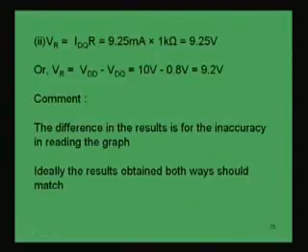Now, you can see there is a difference, but ideally if we measure the graph correctly, both will be the same. This error comes because there is an inaccuracy in reading the graph. When you measure it to scale, both the results should be the same.